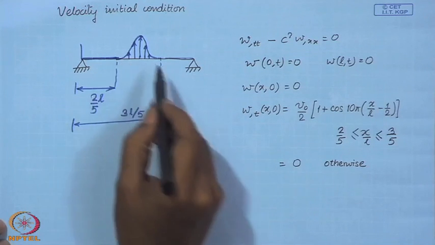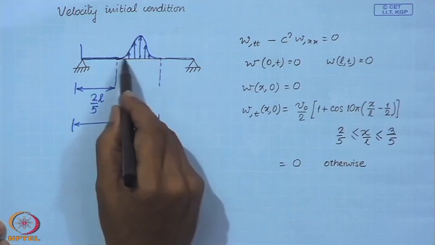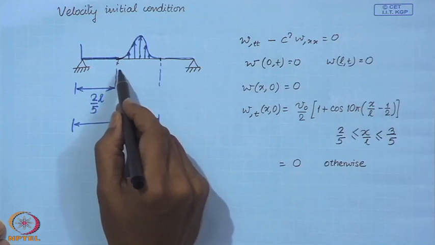So, we have a velocity profile like this over this region.